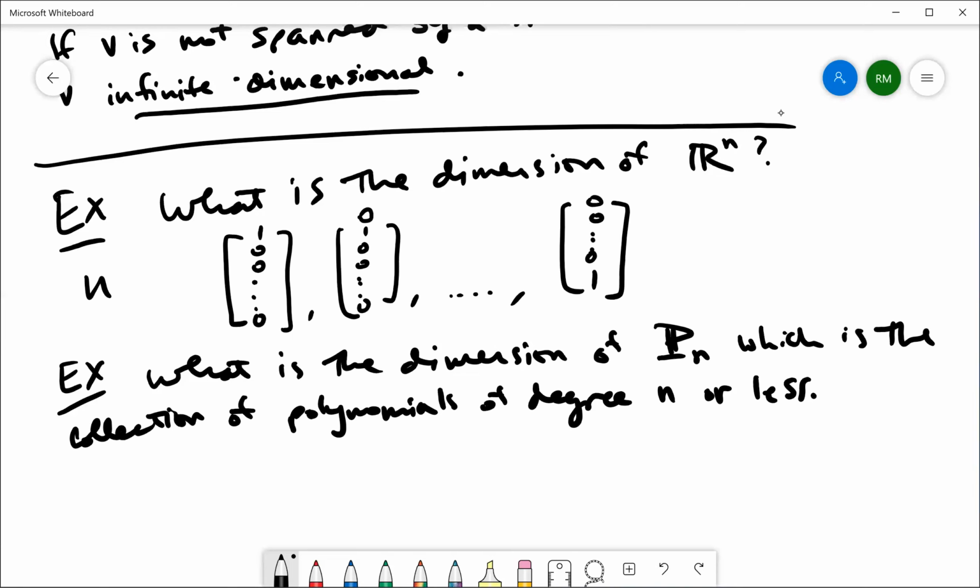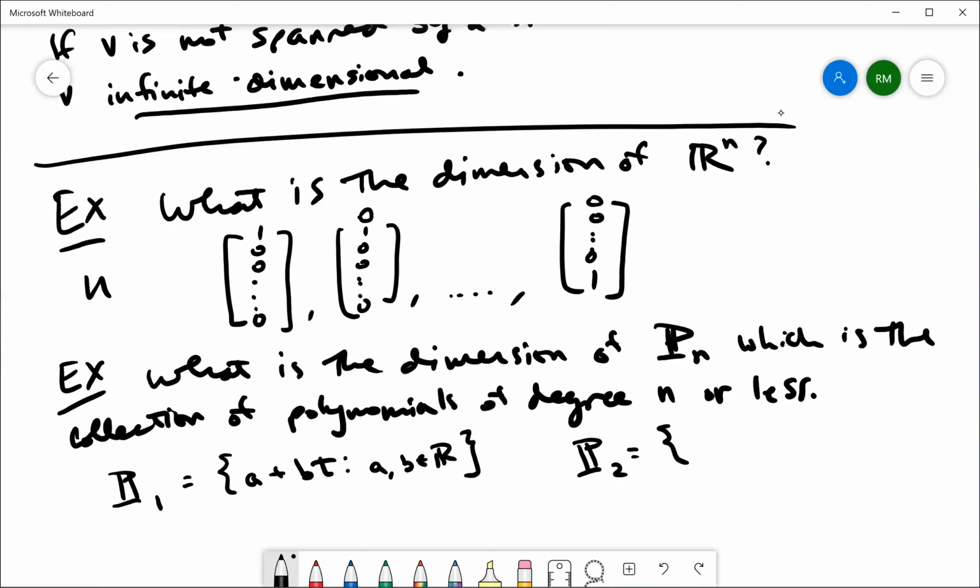What about Pn? Let's look at P sub 1. These are all polynomials of the form a plus bt, where a and b are real numbers. And if I look at P sub 2, that's all polynomials that look like this.